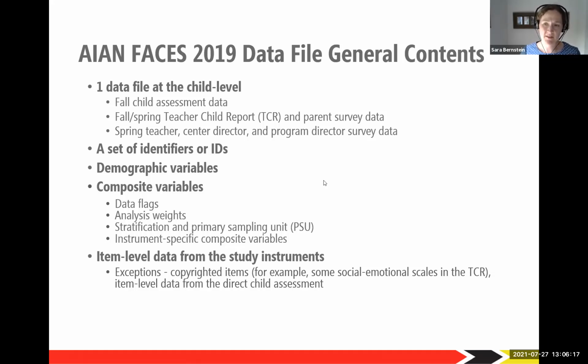In addition to all those things, the file also has item level data for the study instruments, for example, individual responses from the parent survey. As you can see on the slide, there are some exceptions. For those, we will typically provide composite variables that I will discuss more in a moment.